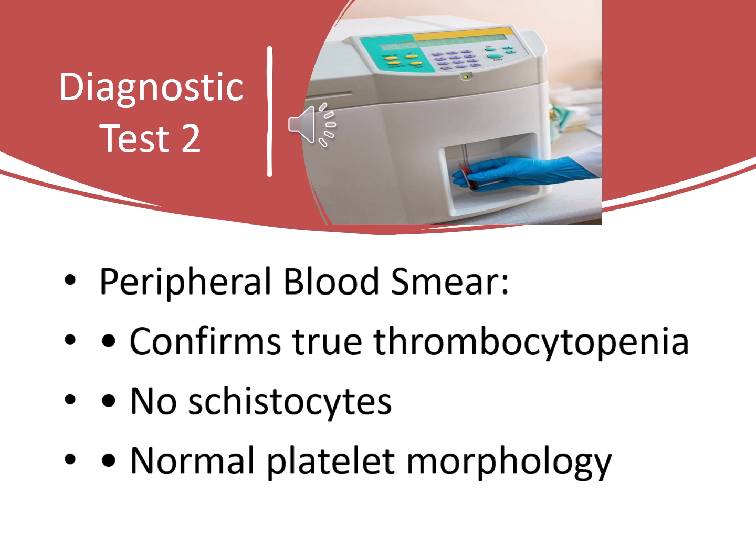The absence of fragmented red blood cells helps rule out microangiopathic processes such as TTP and HELLP syndrome. The peripheral smear also excludes pseudothrombocytopenia caused by platelet clumping.